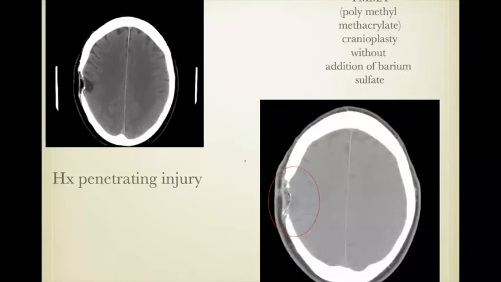Even though the inclination is to suggest the possibility of infection, this is a patient who had a polymethyl methacrylate or PMMA cranioplasty. So the methacrylate that you'll see in hip replacements, the cement that's used around the acetabular prosthesis, or when you do vertebroplasties, the cement that is used innately is non-radiopaque.